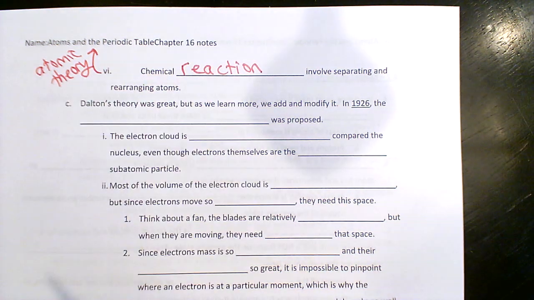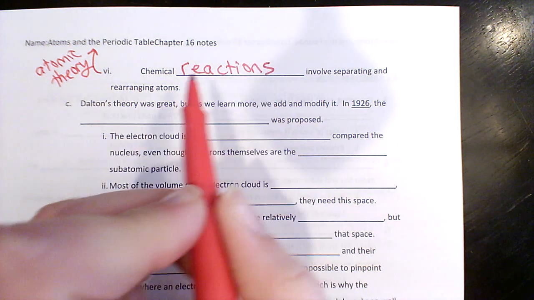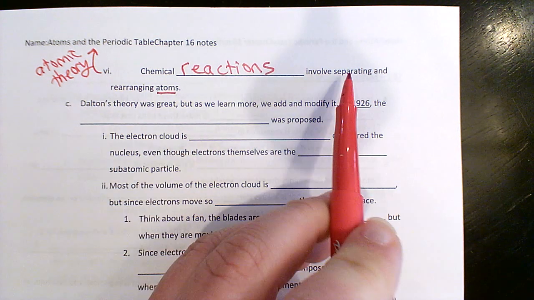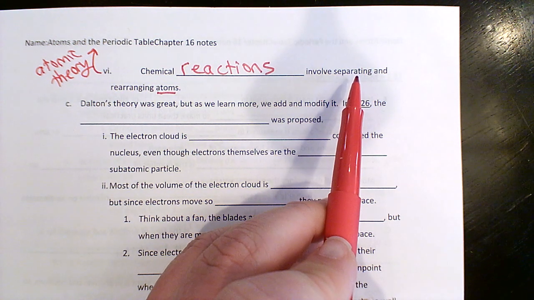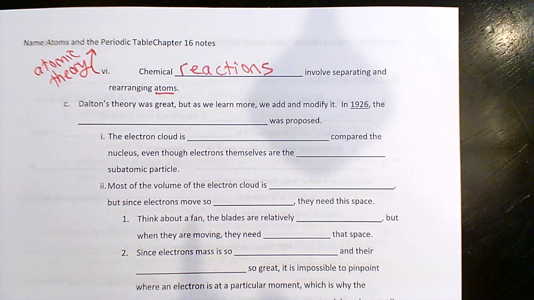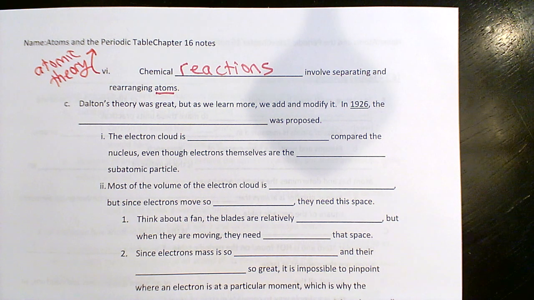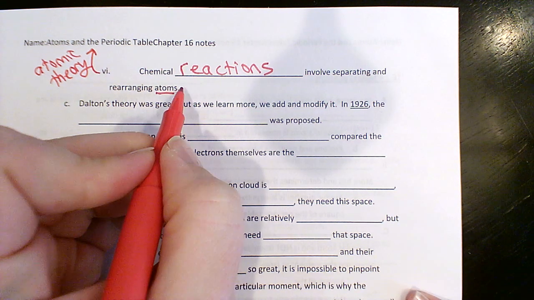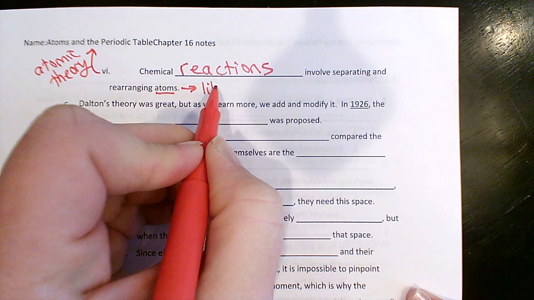And he said, I think what's happening is we're taking atoms and breaking them apart from each other, not like breaking them into smaller atoms, and putting them back together in a different way. I like to think of this like Legos.